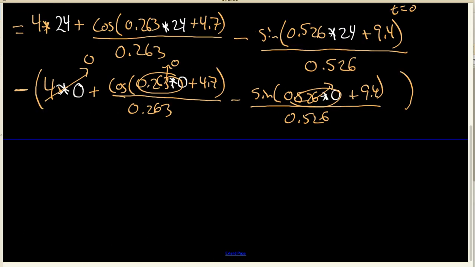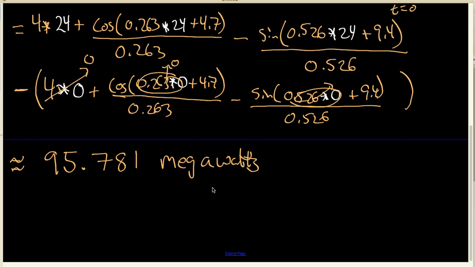When you evaluate this thing, you should get a number that is approximately 95.781, and our units are megawatts. If you do not get this number when you evaluate it correctly, chances are your calculator is set to degrees and it needs to be set in radians.